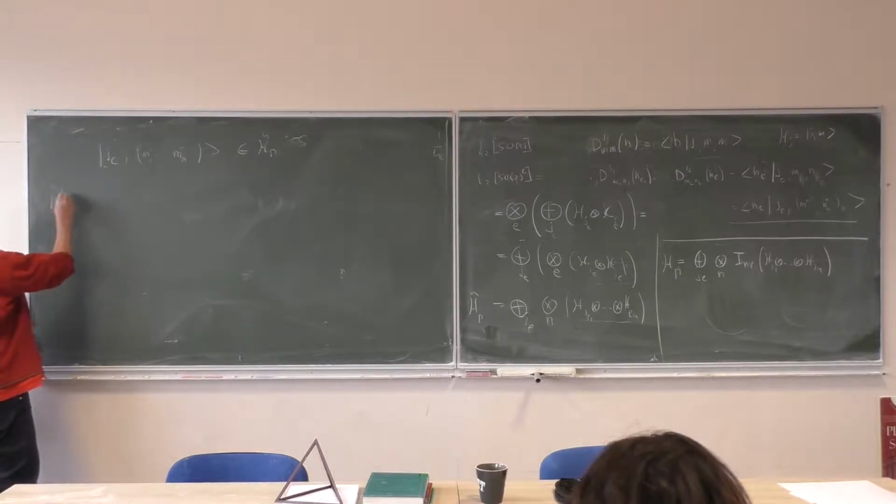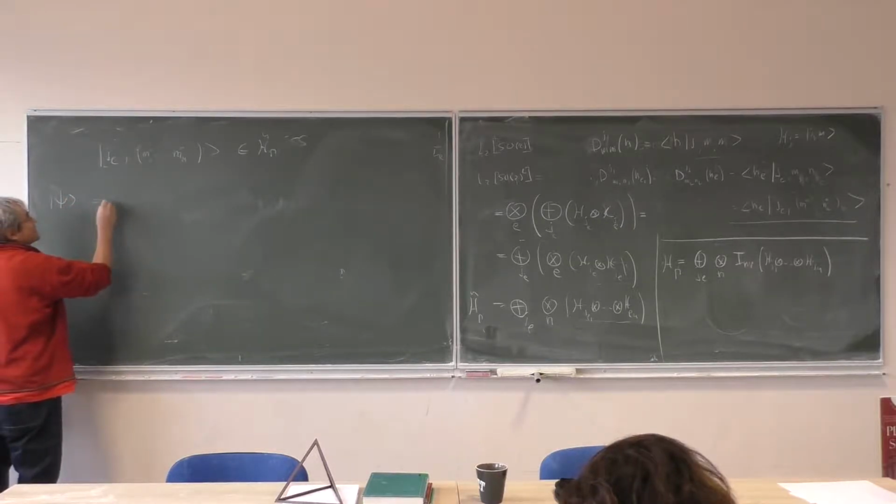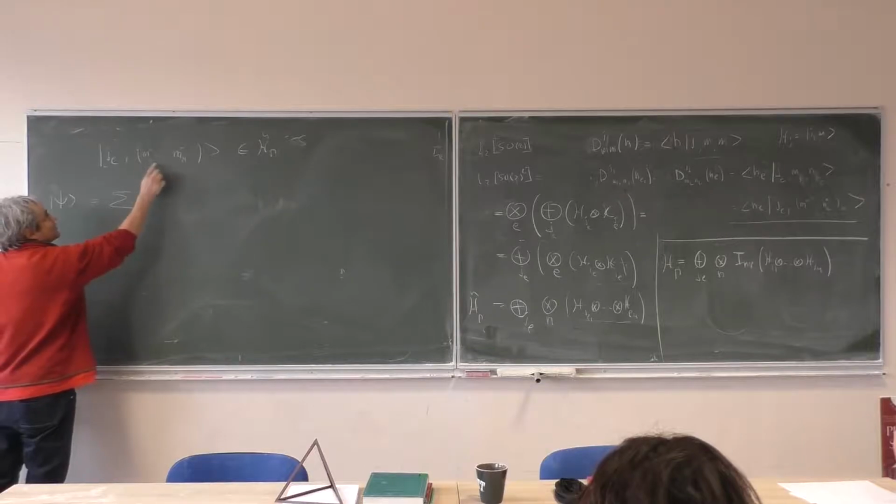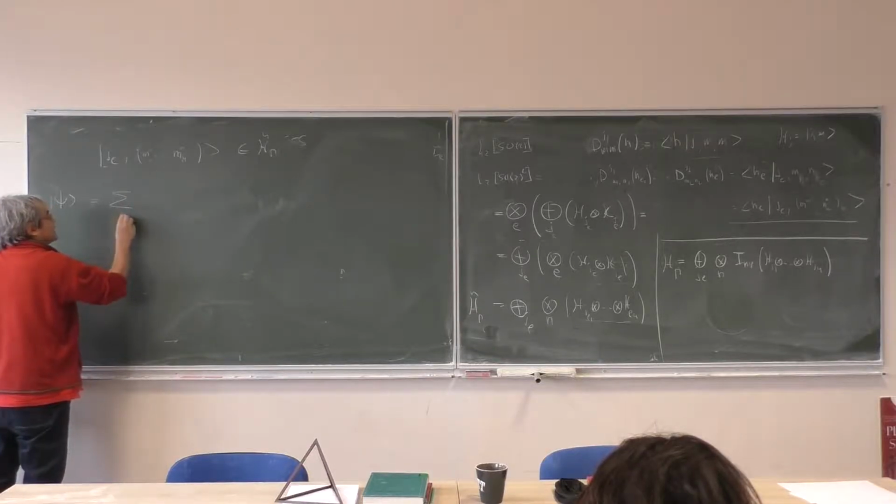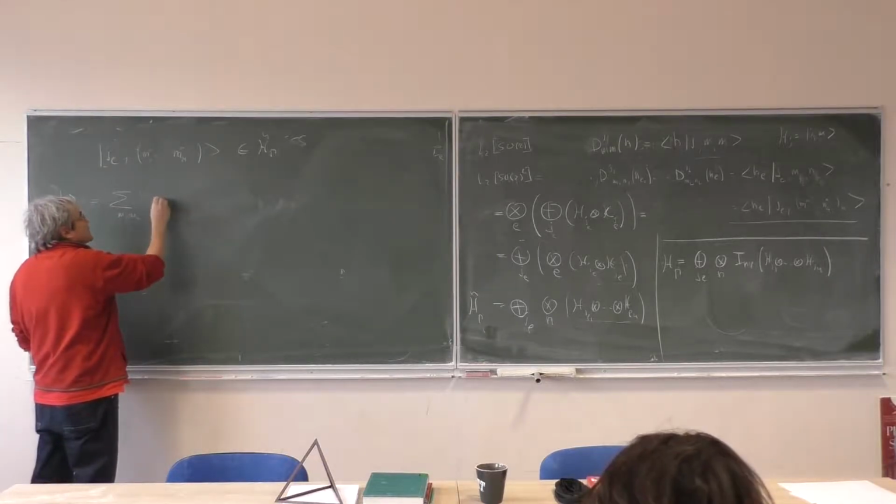So let me write them, and then I'll name them in a moment. I want a linear combination of the sum over these indices, M1 to M4, all of them, with some coefficients.